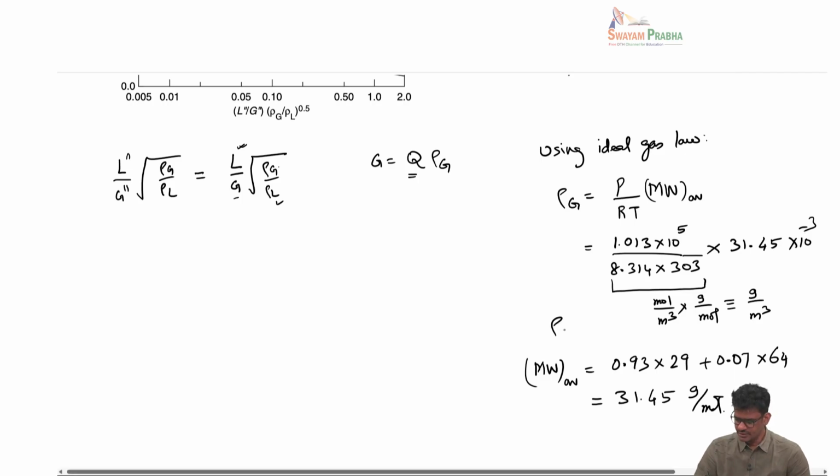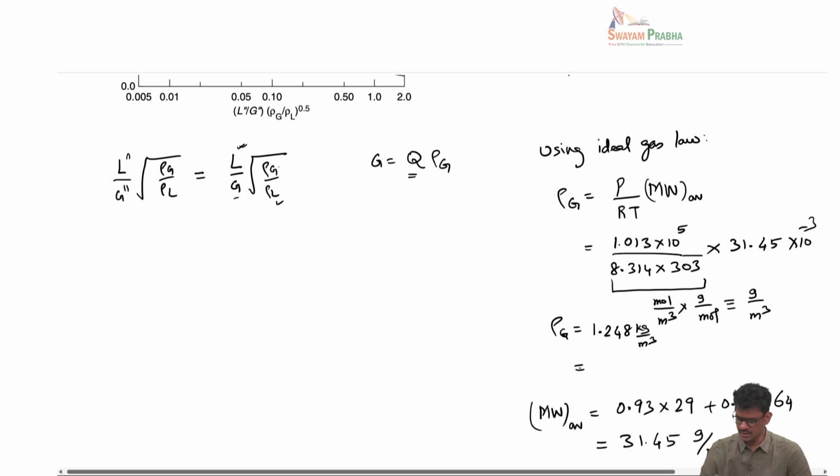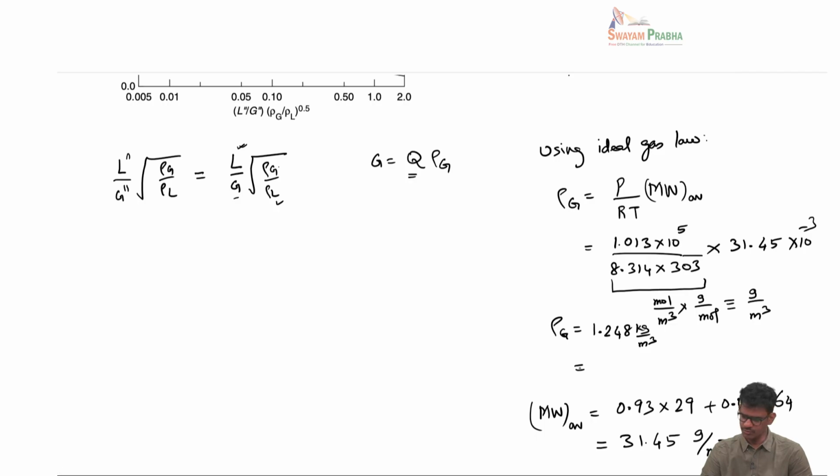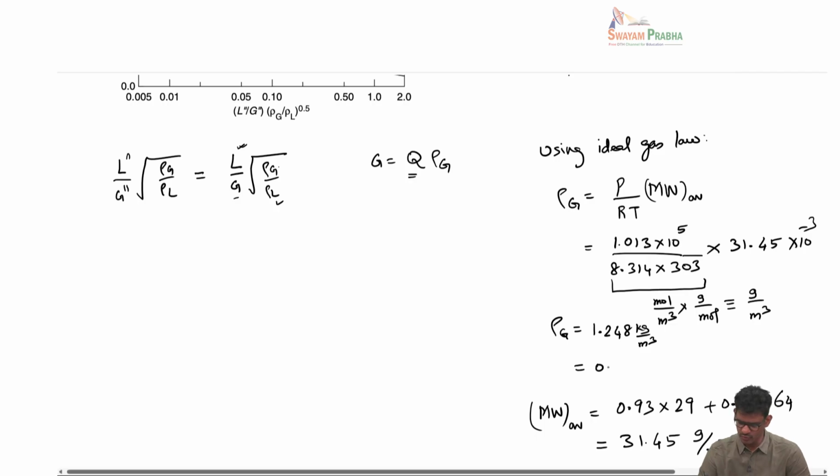When you do all this, rho G will be, I have done the calculation here but you can check it, 1.248 kg per meter cube, and converting to pound per feet cube, this will be 0.078 pound per feet cube.